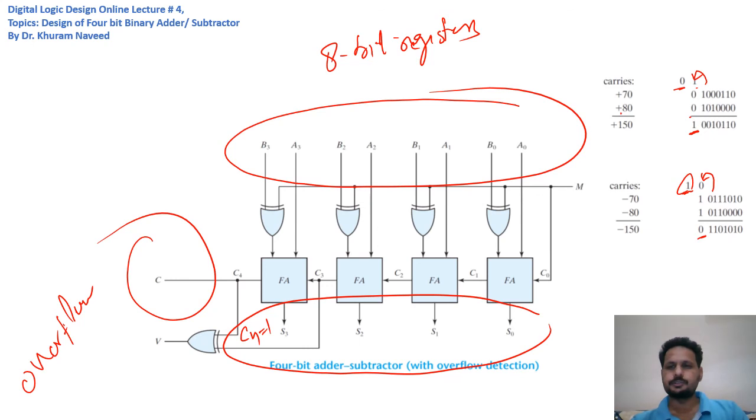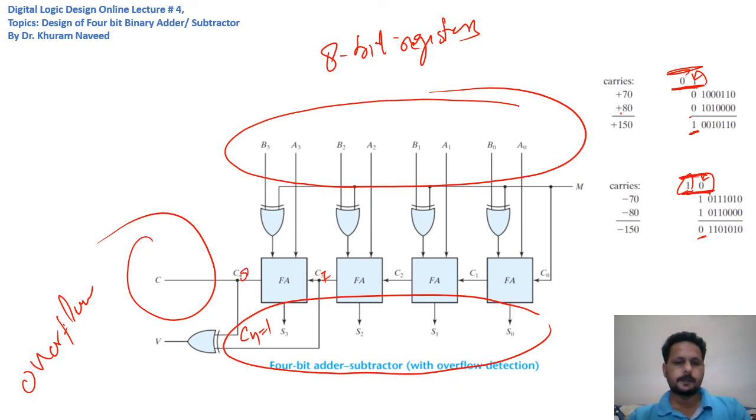So in both of these situations, you see the carry to the sign bits and the carry from the sign bits are different, and in both these situations we need to set the flag. So in these situations, the XOR gate works perfectly to set a flag, where if C3 and C4, in this case C3 and C4, but maybe in an 8-bit adder, these might be C7 and C8.